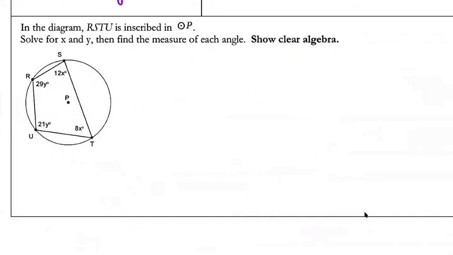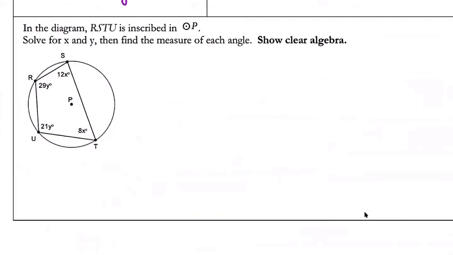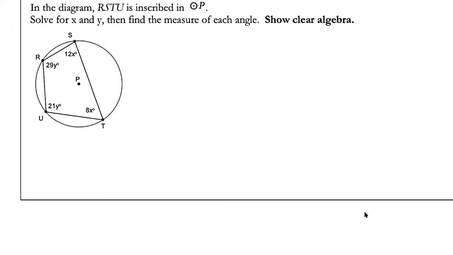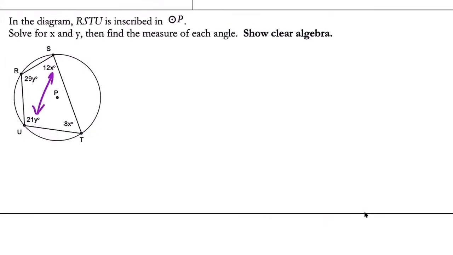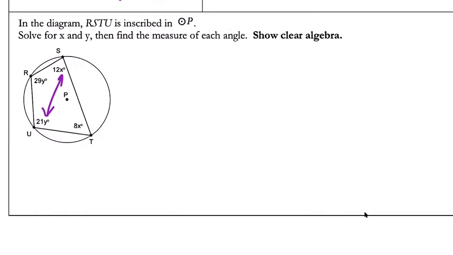What's different in the next problem is that we have an inscribed quadrilateral, however the opposite angles have different variables on them. So you want to make sure you don't assume that the consecutive ones are congruent or supplementary or anything, because we don't know anything about the consecutive angles.